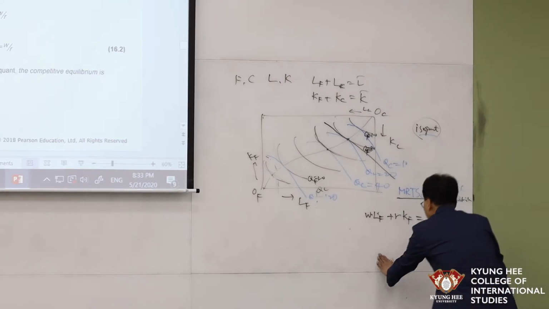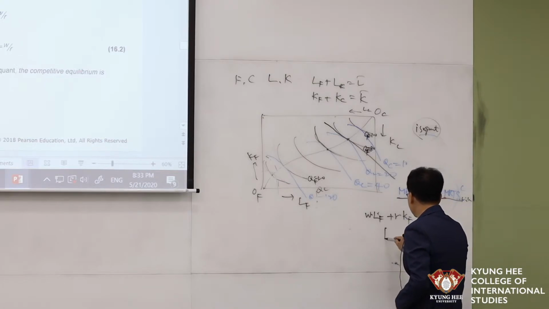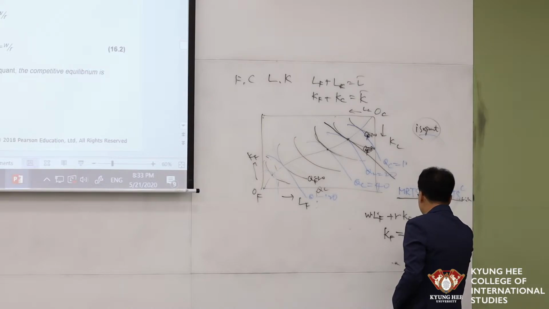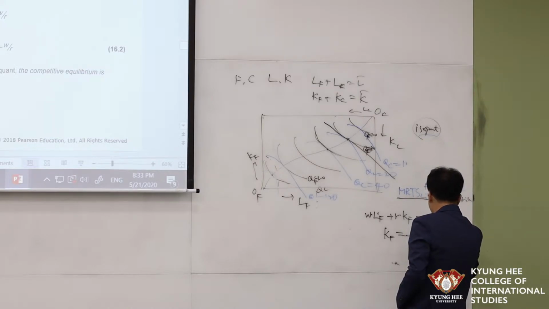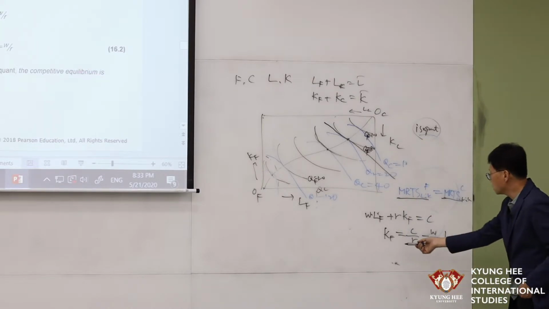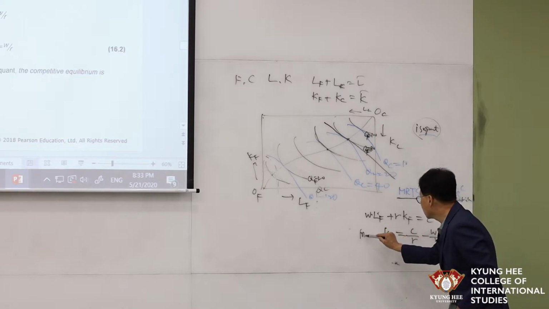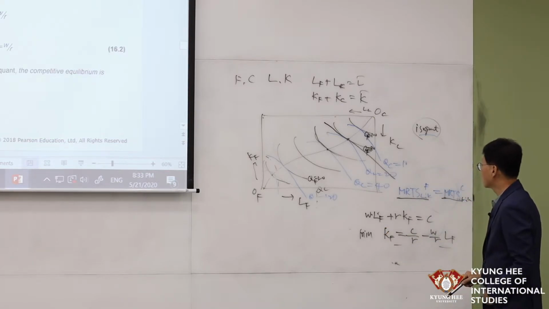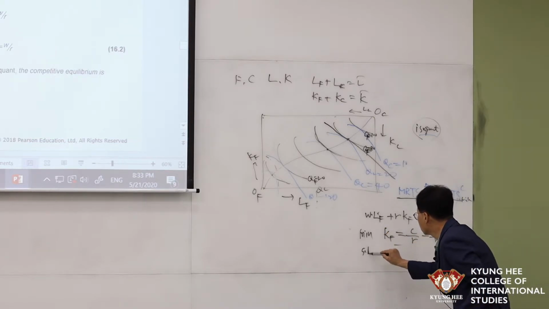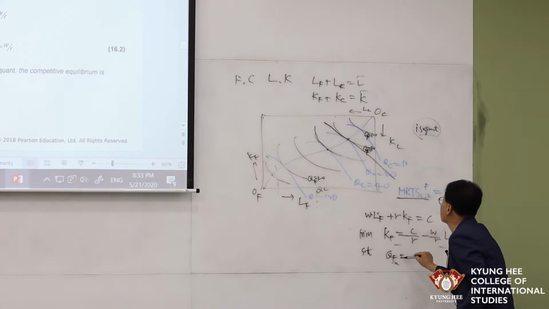Right? Then rewriting this, KF is equal to C over R minus W over R times LF. Can you remember this? That is a cost function in the cost minimization problem. Minimizing cost, right? Subject to QF equal to 80, for example.